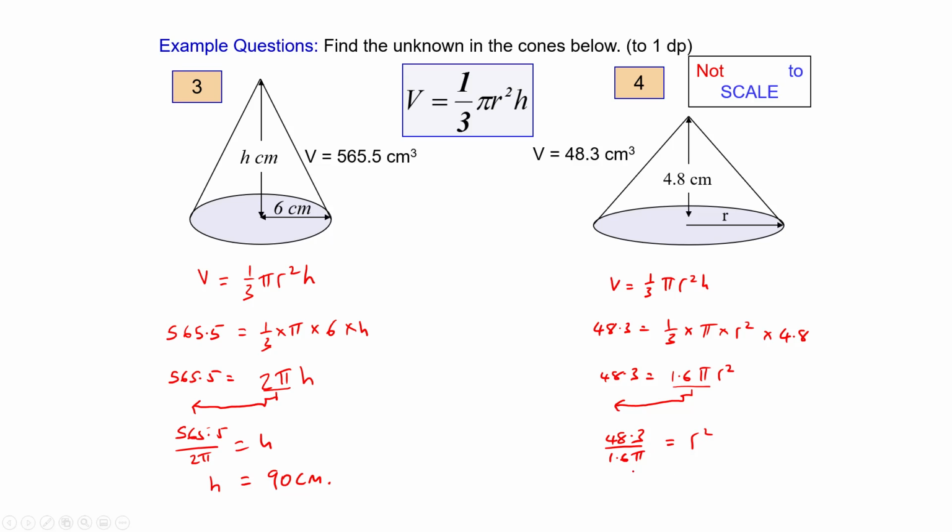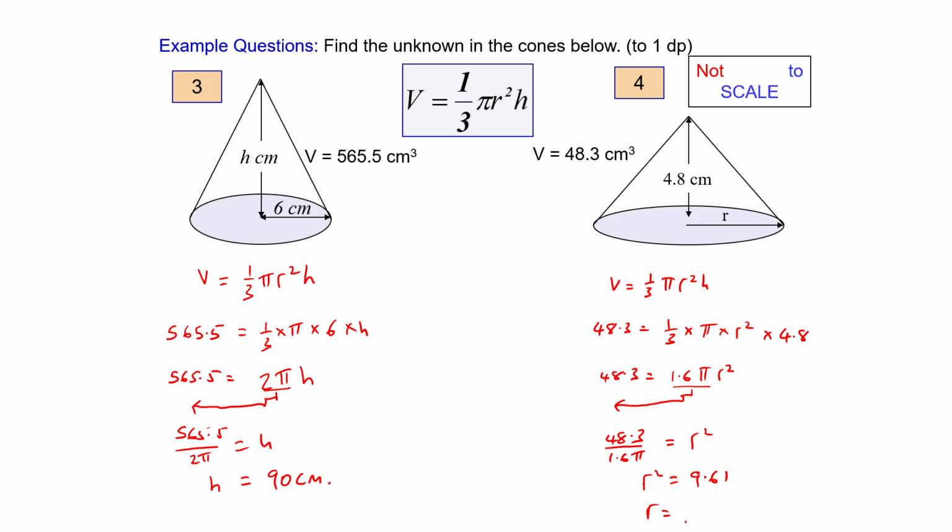Note that it's r squared. So let's work that out in our calculator. 48.3 divided by 1.6 pi. So I get r squared equals 9.61. Now I need to get r on its own.